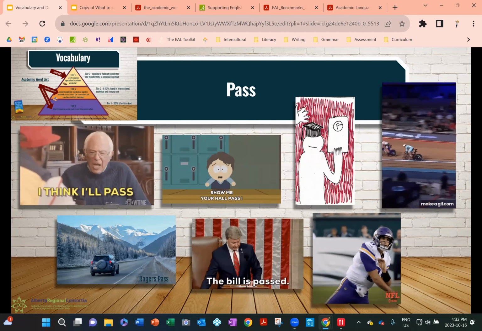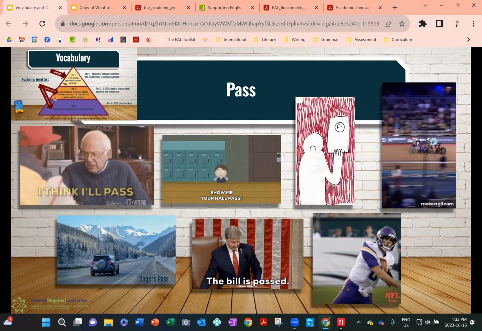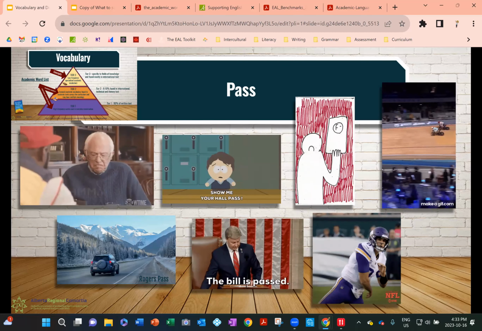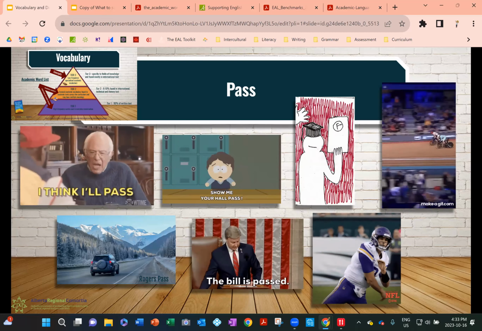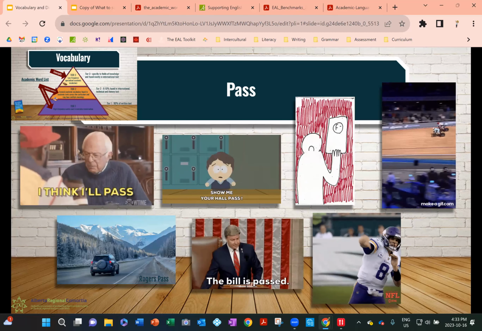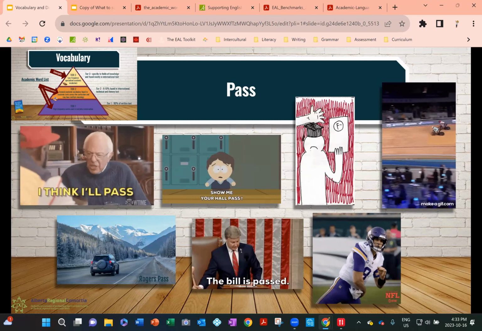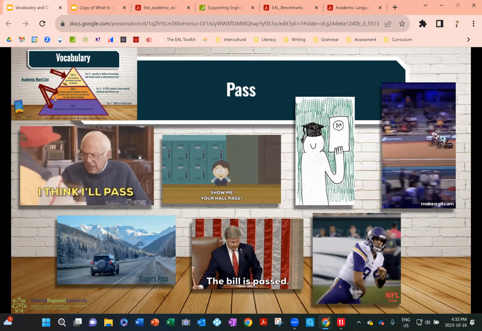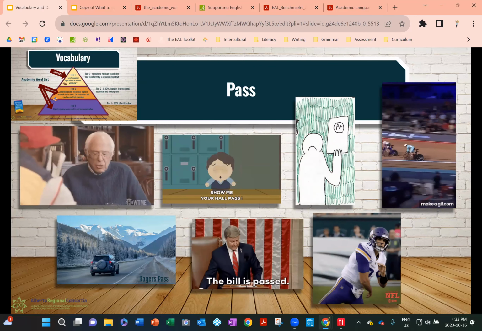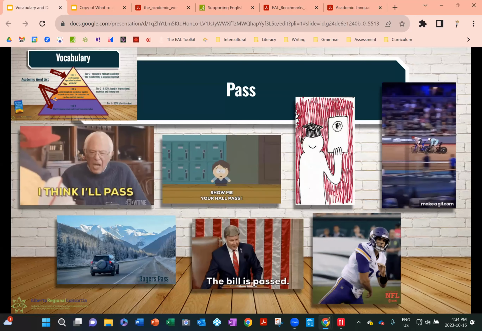So how do all those relate? We need to think about those multiple meanings that a student is exposed to, and are we giving them some clues about the specific meaning that we're addressing, the specific context? So some things to think about there.